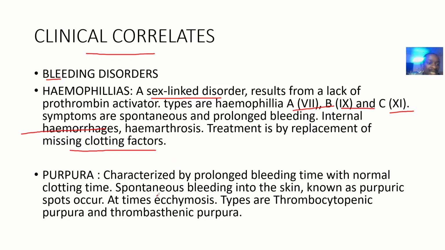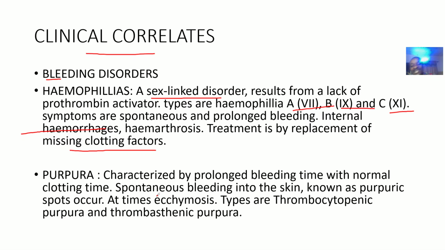Then next we have purpura. Purpura is characterized by prolonged bleeding time with normal clotting time. Your bleeding time is prolonged, but your clotting time is normal. There's spontaneous bleeding into the skin. Let me explain: there's stoppage of blood coming out, but there's internal bleeding.